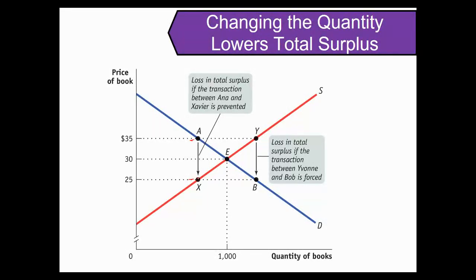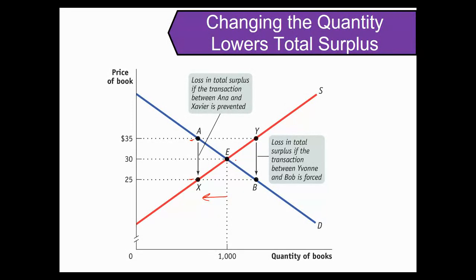We're losing that $10. So the total surplus would fall by 10, the difference between Anna's willingness to pay and Xavier's willingness to sell. This means the total surplus would fall because of that. And we would be at less than 1,000 books, at the equilibrium.